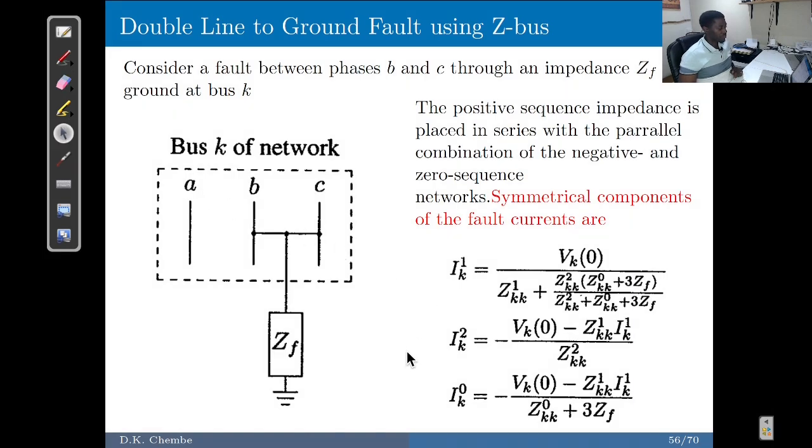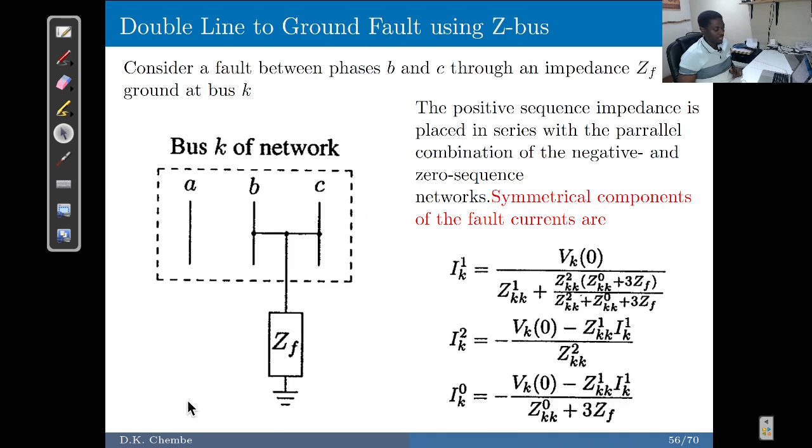And then our IK2 is simply minus VK0 minus Z1KK IK1 over Z2KK, and then for IK0, you've got the series there, the current in that loop.